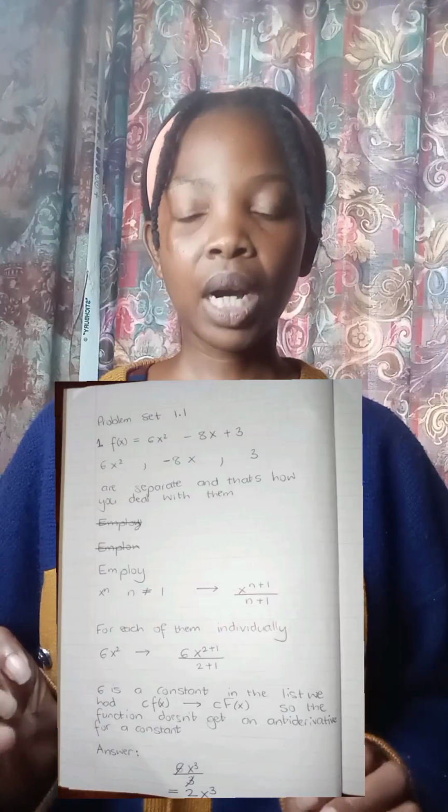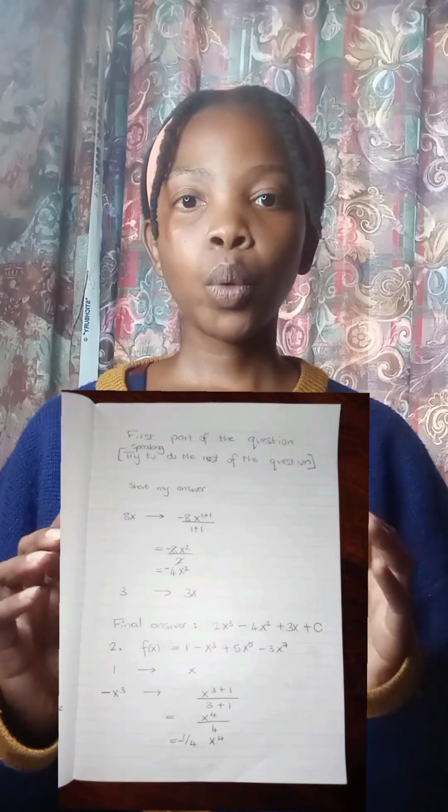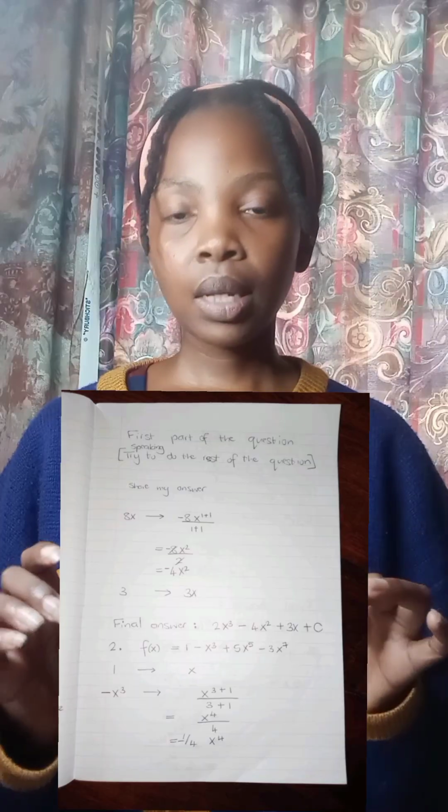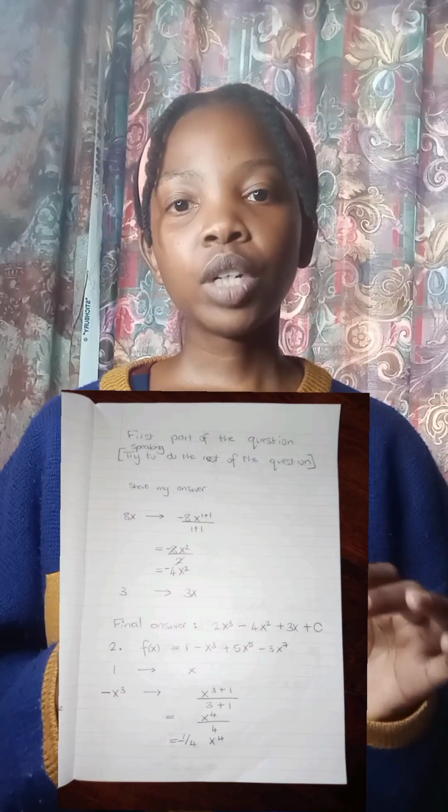So if you look at this function, it is 6x squared minus 8x plus 3. So you take the antiderivative of 6x squared, the antiderivative of negative 8x, and the antiderivative of 3, and you add them together.